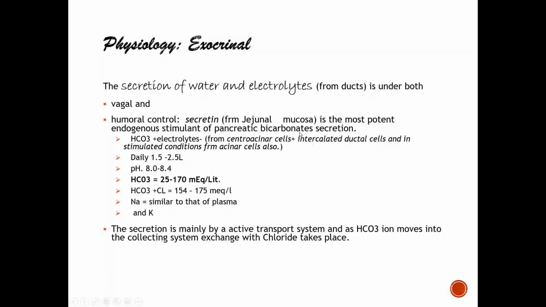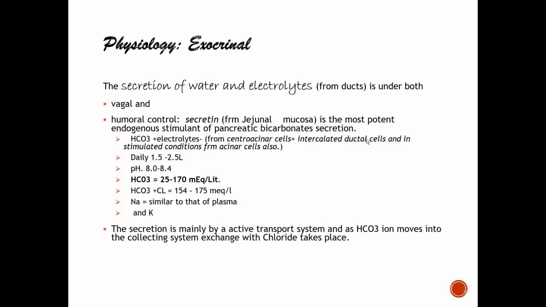So it leads to secretion of what? The bicarbonate and electrolytes, from where? Primarily the centroacinar cells and the intercalated ductal cells. Remember that first figure we showed you? These are the two primary sites. In rare circumstances, if the pancreas has been stimulated more, even the acinar cells, apart from the enzymes, can start secreting the bicarbonate and the electrolytes.